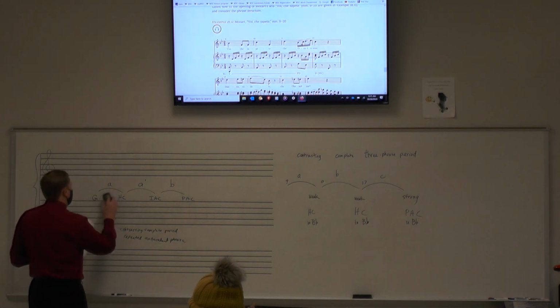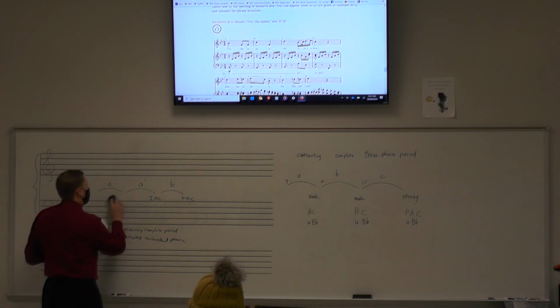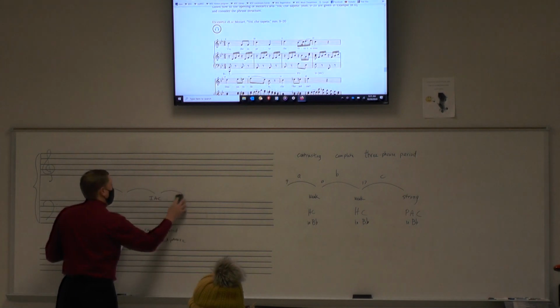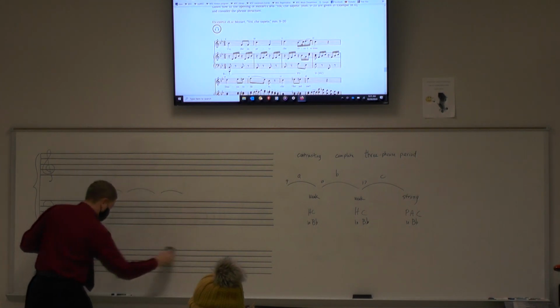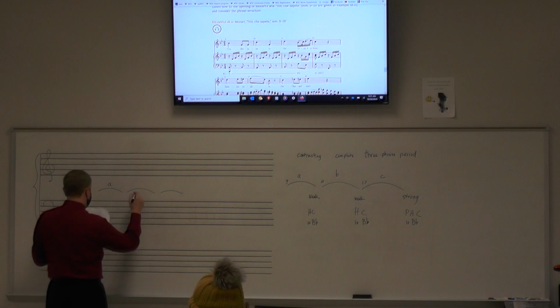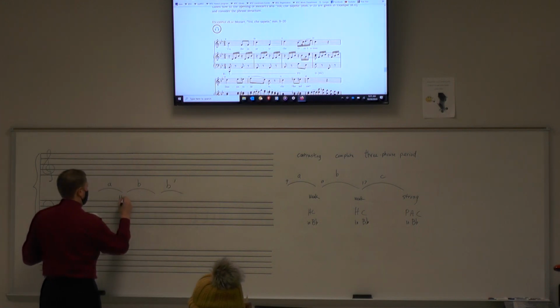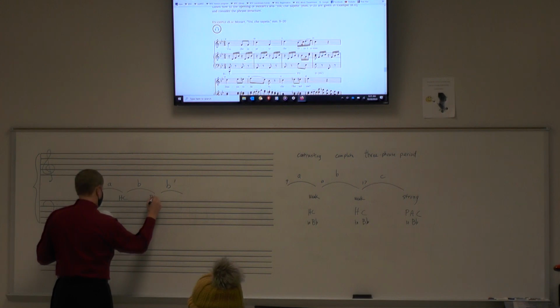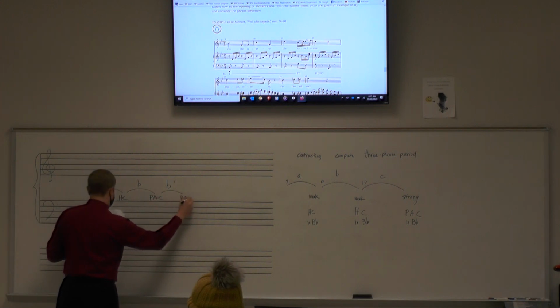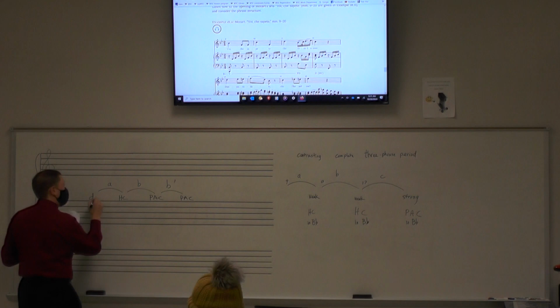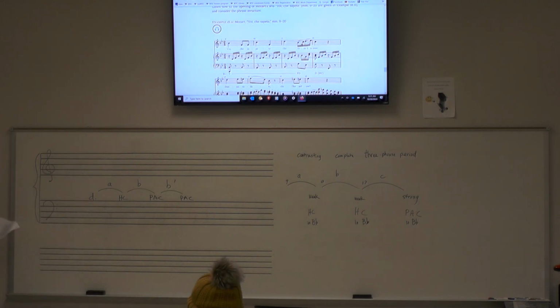What about if we had a graph that looks something like the following? Still 3 phrases, but this one's a little easier to see. And let's say this is all in the key of D minor. Could you call this a 3-phrase period?